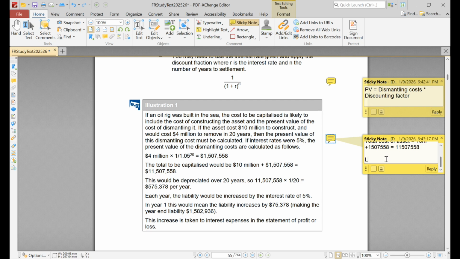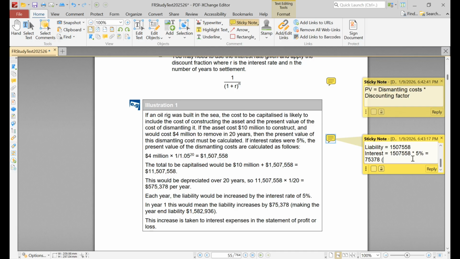Now we have calculated the present value of the dismantling cost. You would set up a liability of the present value, which would amount to around 1.5 million. Second, you would have to charge interest on it, or basically unwind the discounting factor. So interest would be present value multiplied by 5%, which is 75,378.